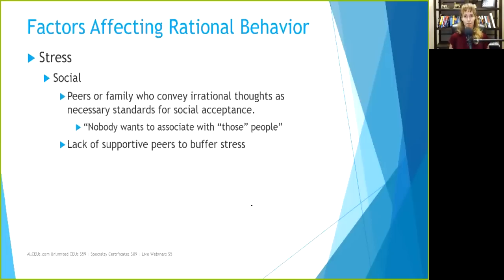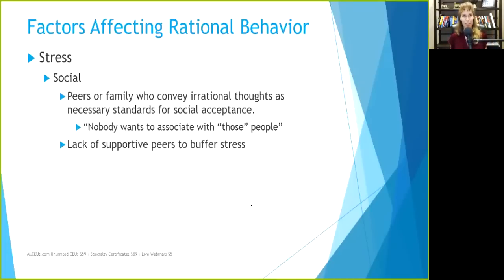And social. If peers or family convey irrational thoughts as necessary standards for social acceptance, people may tend to cling more to those unhelpful thoughts and unhelpful behaviors. In CBT, they say irrational, because, quote, nobody wants to associate with those people.